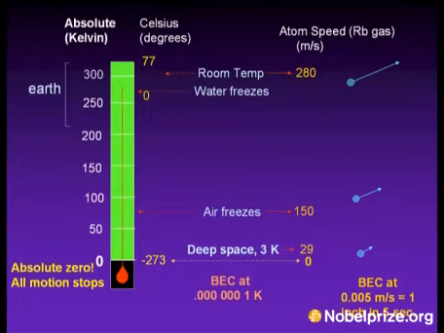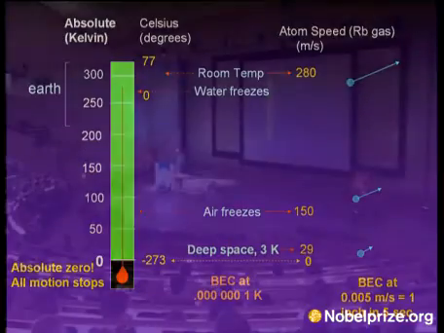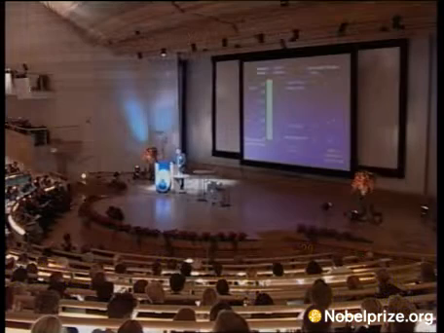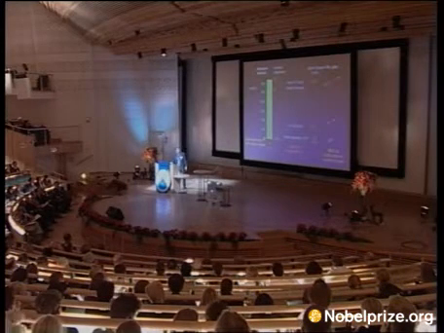Now, we live way up here, and absolute 0 is down there at minus 273 Celsius, and so a big part of the experiment here is to get things way down to absolute 0, or extremely close to it.